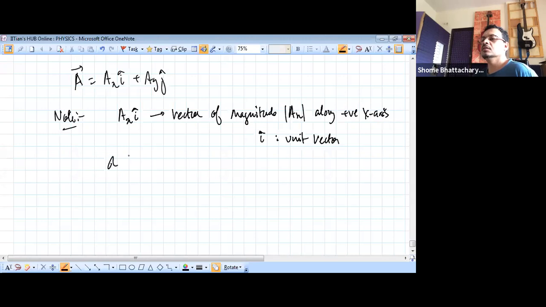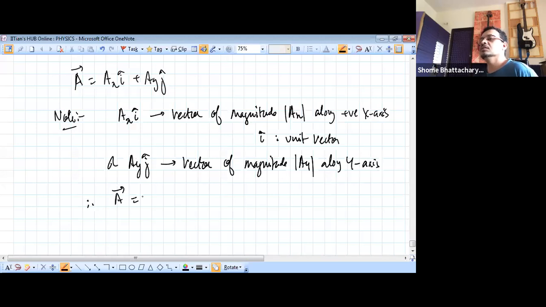And similarly Ay j cap, it's a vector of magnitude whatever that Ay is, okay, along the y-axis. So therefore the vector A is the sum of two component vectors, Ax i cap and Ay j cap.